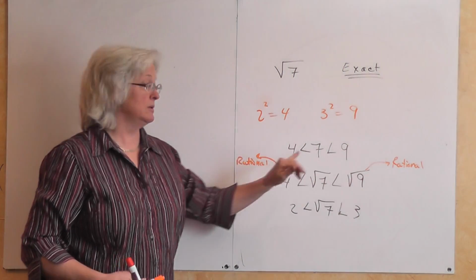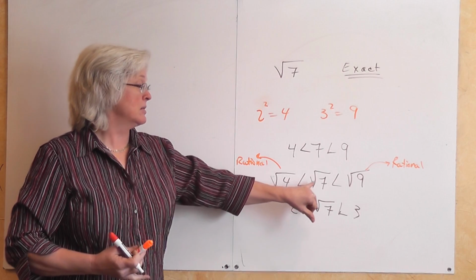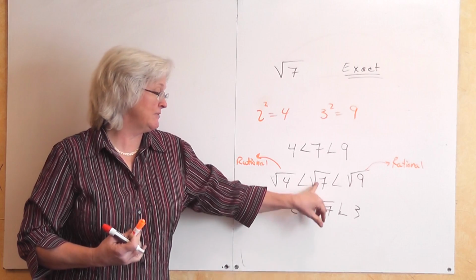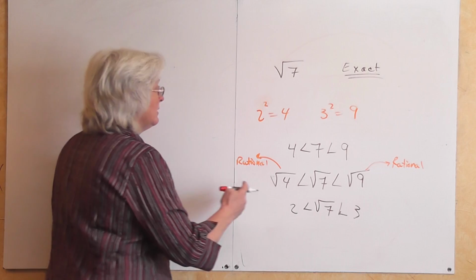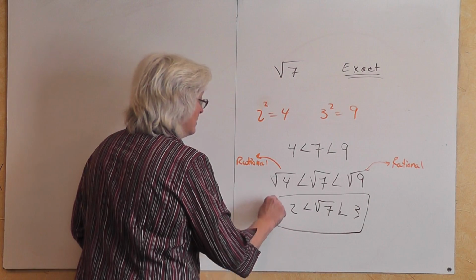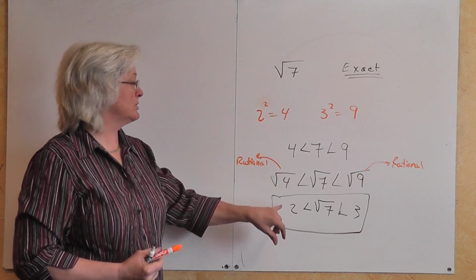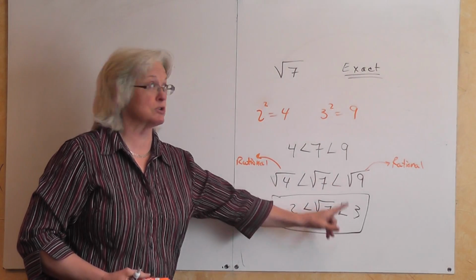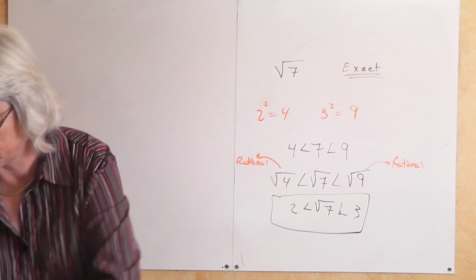Square root of 9, square root of 4 are rational numbers. The square root of 7 is not, so we leave it expressed with the radical symbol. So right here is the solution that we have if we were asked to find between which two integers the square root of 7 lies. Okay?